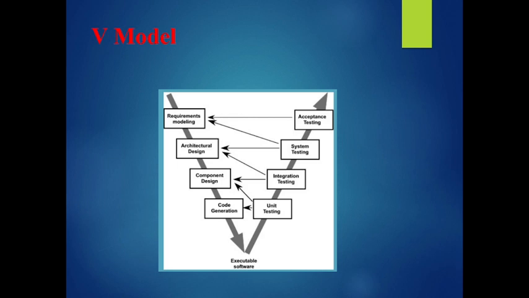Here the requirements modeling is associated with acceptance testing, architectural design is associated with system testing, component design is associated with integration testing, and code generation is associated with unit testing.